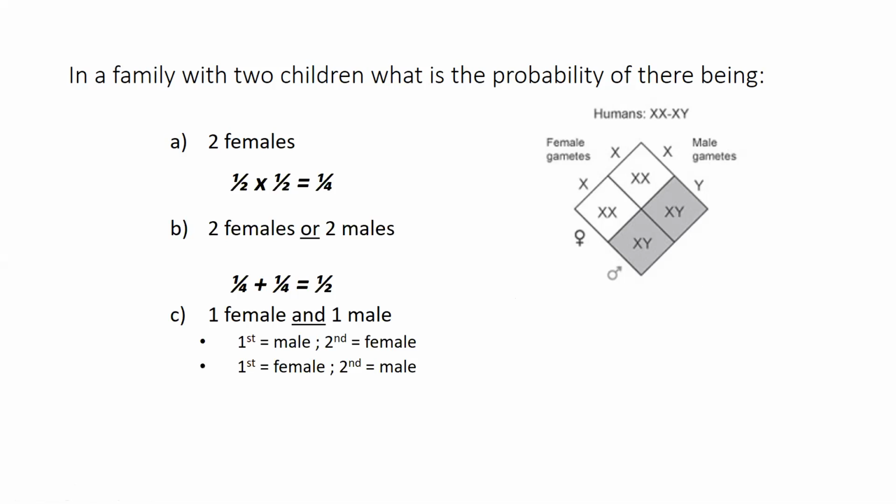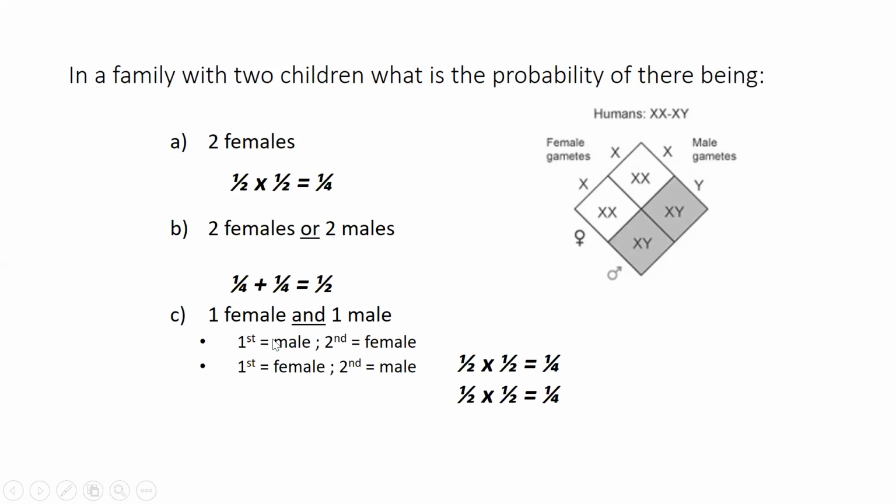Okay, so in this case, order comes into play, because you can have either the first one being male and the second one being female, or the first child being female and the second one being male.